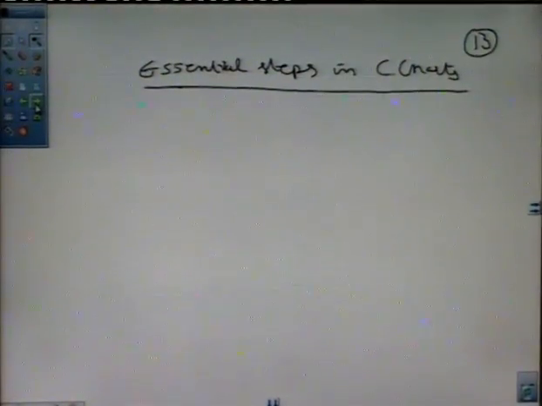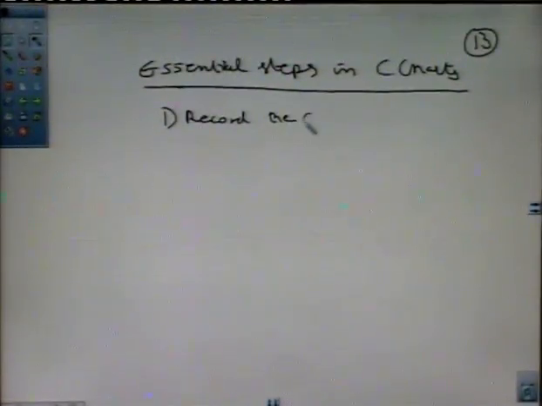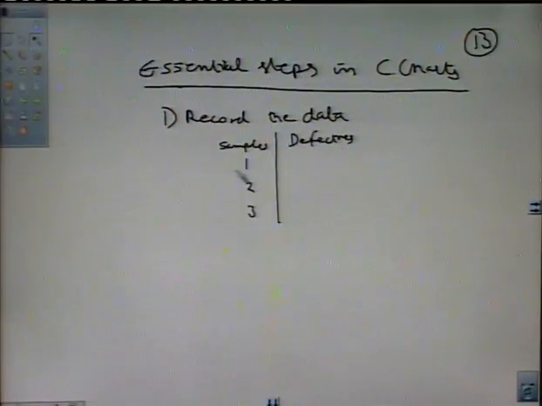Then the essential steps in the control charts. The first is we record the data, generally in tabular form, like samples 1, 2, 3, then the defectives against each sample and then the sample size.